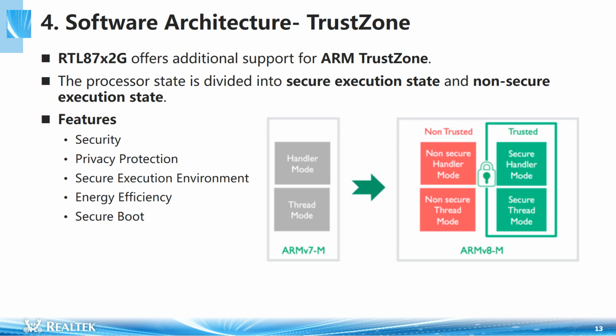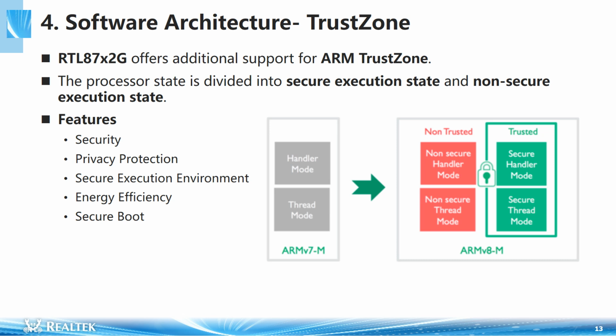These states are orthogonal to the thread and interrupt models, allowing operation in both secure and non-secure states. This provides several advantages. 1. Security. TrustZone technology isolates secure and non-secure areas through hardware, protecting critical data and code from malicious software and attacks.